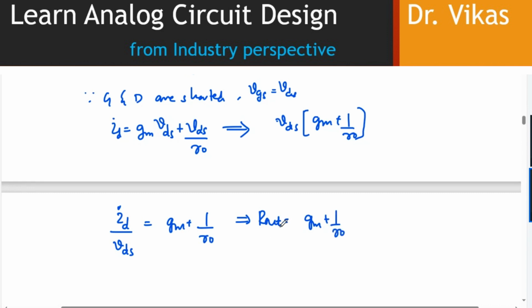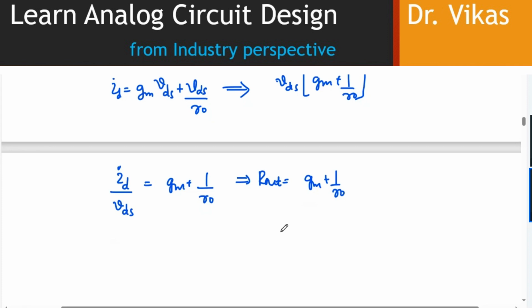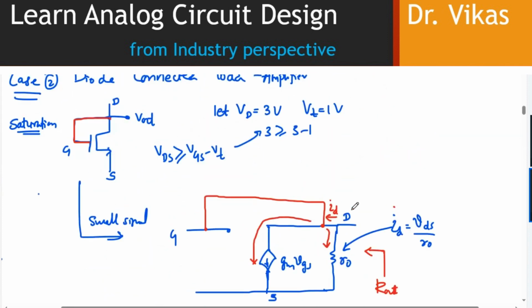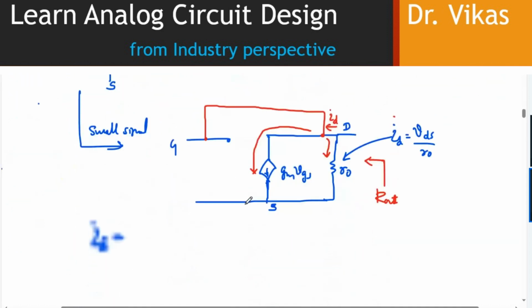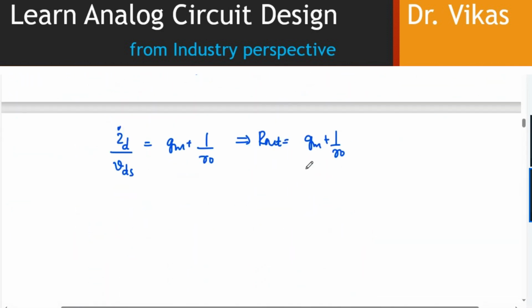Or specifically, if I want to further simplify to make it look like the way we have written for the previous configuration, in terms of parallel combination, let us try to restructure this expression to some extent. In fact, VDS by ID is your R naught, right?